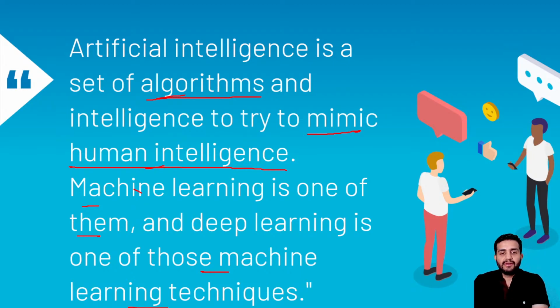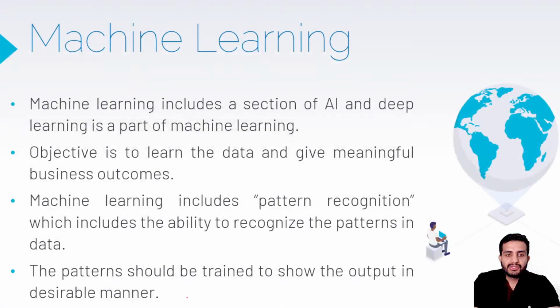That is what we are looking forward to discussing from the artificial intelligence and machine learning perspective. So going forward, let's try to read up on what machine learning is. Machine learning includes a section of AI, and deep learning is a part of machine learning.